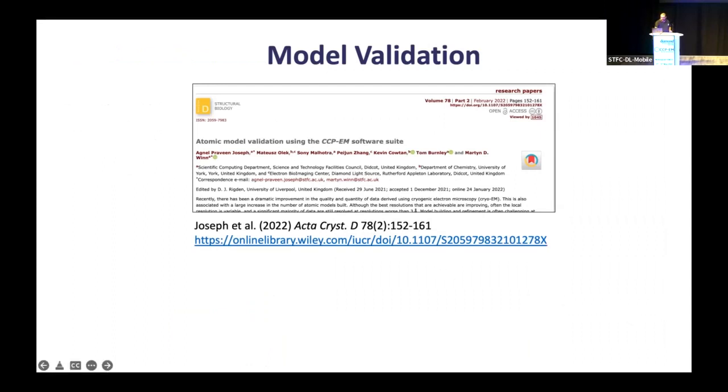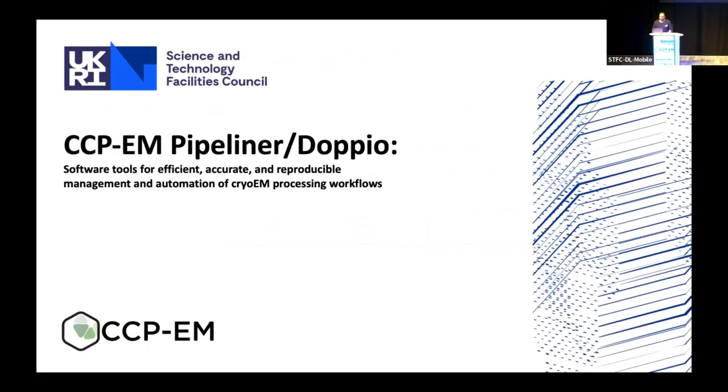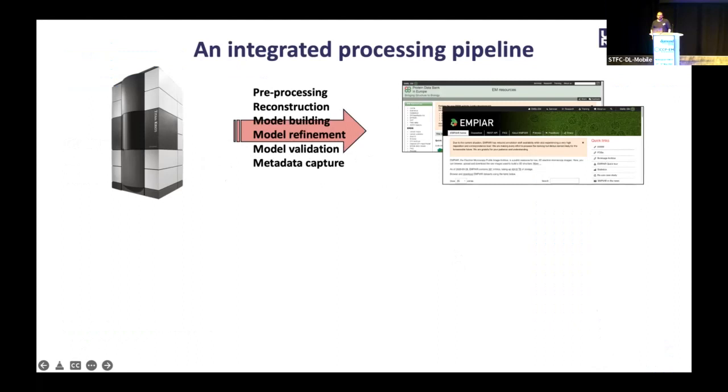What I'm really excited to talk about is the next generation of CCP-EM, which is our tool, CCP-EM Pipeliner, and its companion program, Doppio. What we're intending to do here is develop a true integrated processing pipeline that can go from raw micrographs coming off the microscope to a fully refined, validated atomic model that's ready to deposit in the PDB, EMDB and EMPIAR.